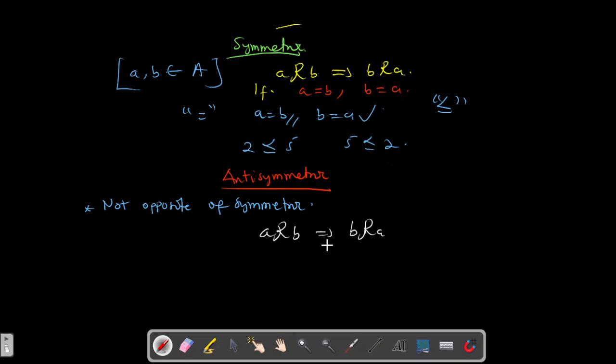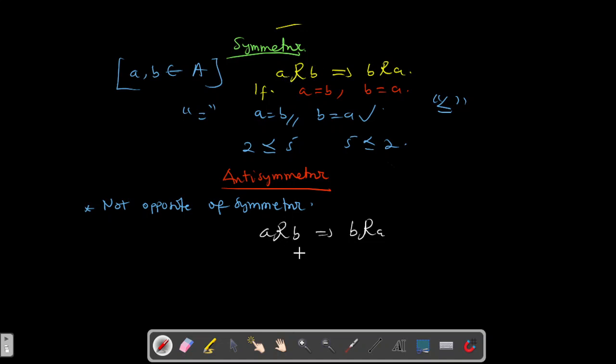Symmetric is saying that a symmetric relation always goes two ways. Two ways should be possible, right? Now, when you are using antisymmetric, I just want you to have a picture that antisymmetric is not the opposite of symmetric.